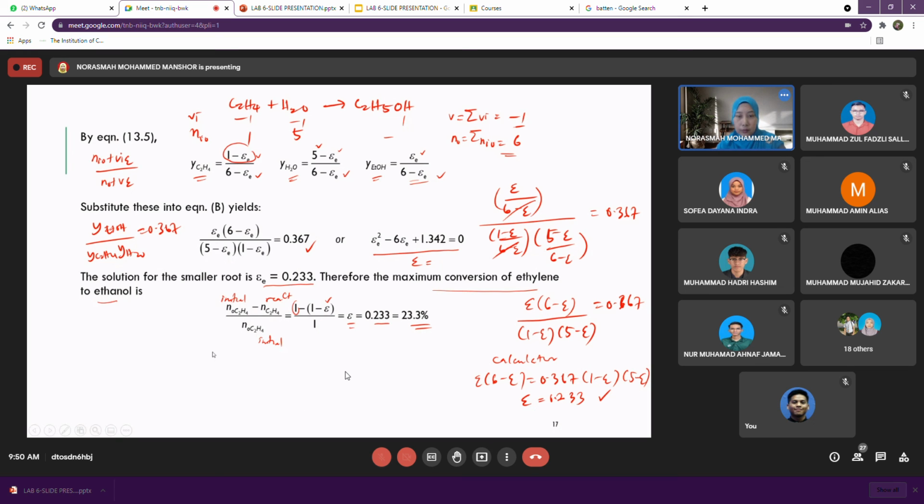Okay, any question? Madam, yang macam equation yang kalau kita guna yang polinomial tu, sebab apa kita kena ambil smaller root? Kalau you guna yang square ni, dia akan keluar dua value. Sebab apa kita pilih smaller root, kita dah pilih yang bigger root tu. You kena ambil yang positif dengan yang less than 1. You dapat apa kalau buat yang ni? Apa value dia?